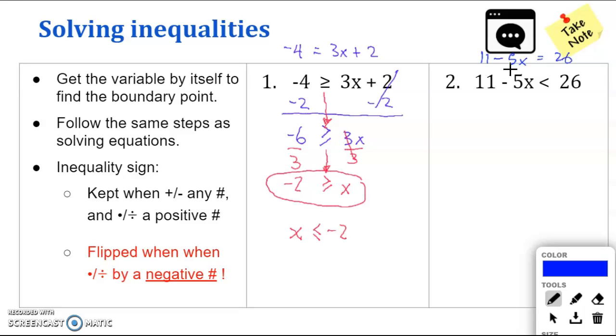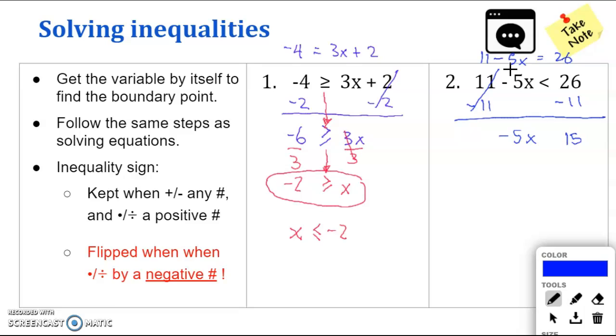I know that x is being first multiplied by -5 and then added to 11. So I need to get rid of the last thing that was done to x, which is add 11. So I need to subtract 11 from both sides, because that will get rid of this as a 0, and you're left with -5x is 26 minus 11, which is 15.